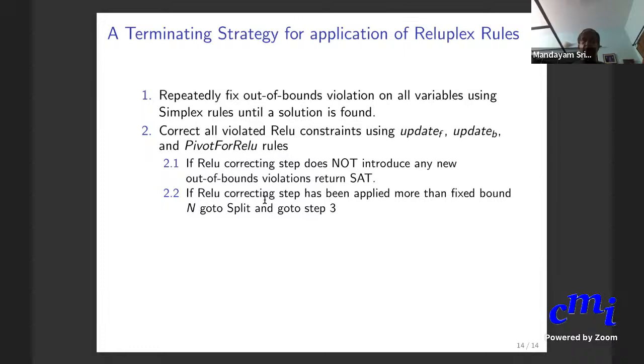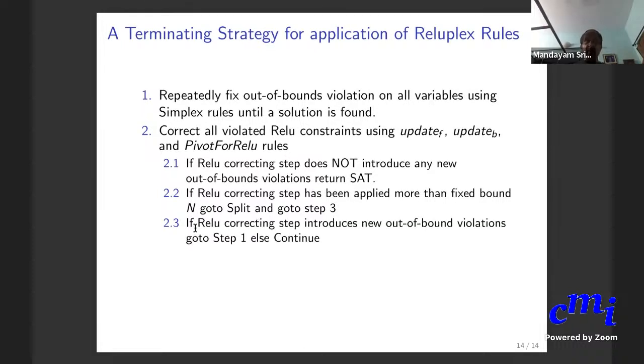If the correcting step has been applied more than a fixed bound n, which usually happens when the same ReLU pair ends up breaking over and over again, and that is what you keep a count of, then and only then you split the problem into two LP instances, and you go to step 3.